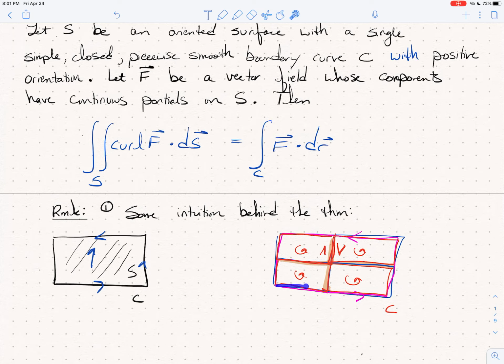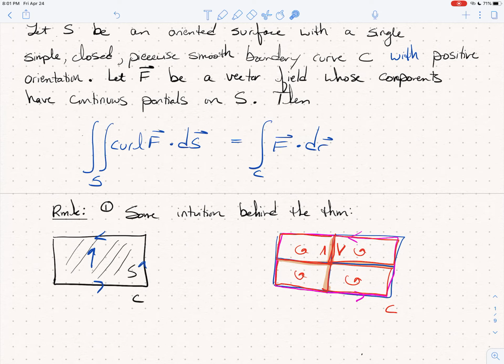That's the work done by the vector field F in moving a particle along C. So this line integral is giving you, in some sense, rotation along the outer curve C. And it's saying, if you take all the little pieces of rotation on the surface and add them up, you'll just get the rotation around C.